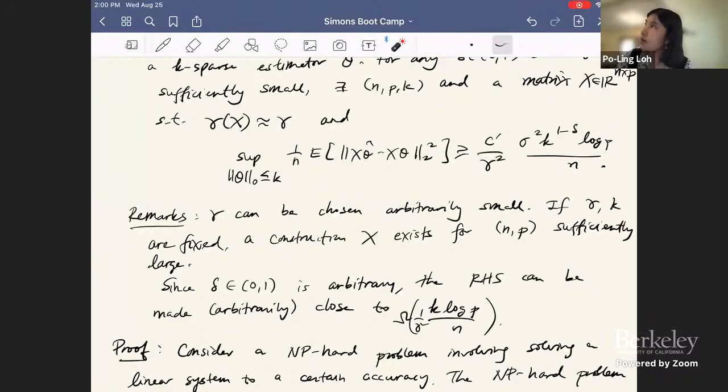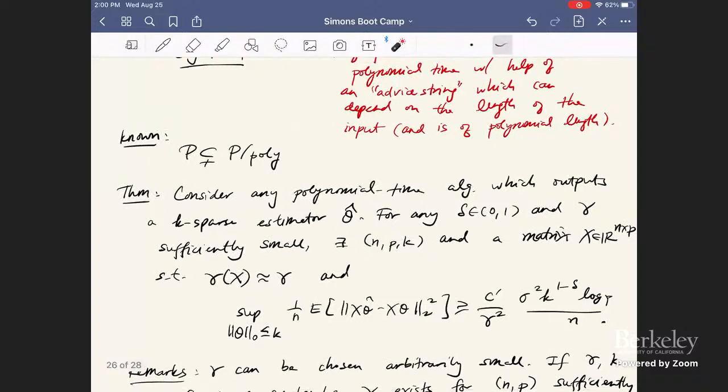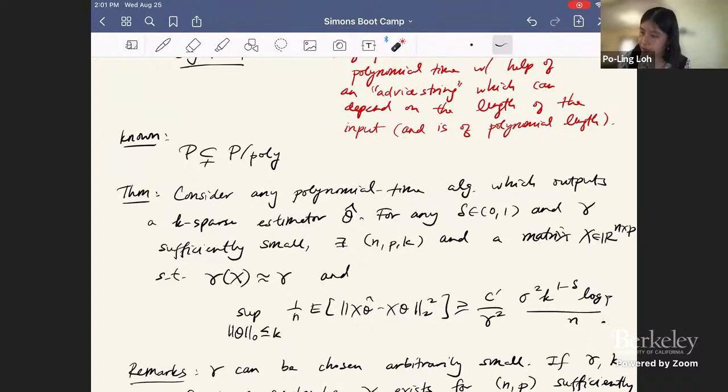I see. So it doesn't contradict anything you've written. It's just for the example you gave for Gaussians, I don't think these bounds apply. But I was just giving an example of how the gamma of x quantity could get small as n and p grow.